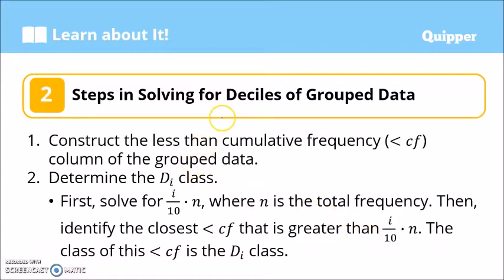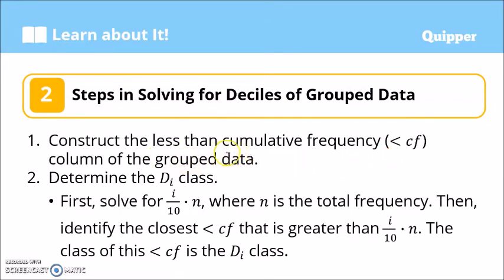Okay, now how do we solve for the deciles of group data? Our previous lesson on deciles was solving for the deciles for ungrouped data, that's for the raw data. But this time, group data. How do we do this? So first, you have to construct the less than cumulative frequency. Since we have group data, we already have a frequency distribution table.